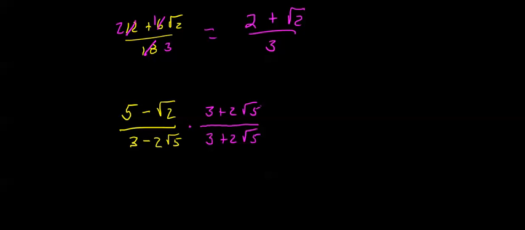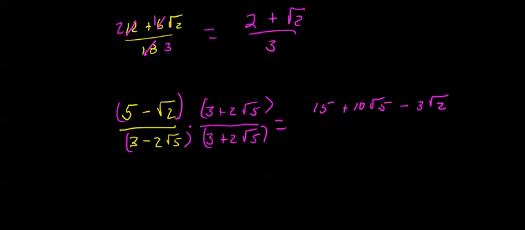And when we do that, now we have to do binomial multiplication, top and bottom. 5 times 3, 15. 5 times 2 plus 10 radical 5. 3 times radical 2 minus 3 radical 2.